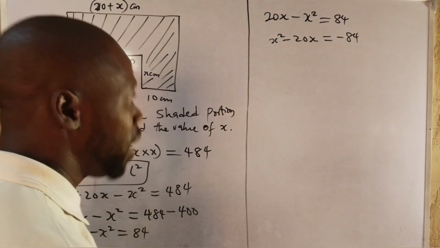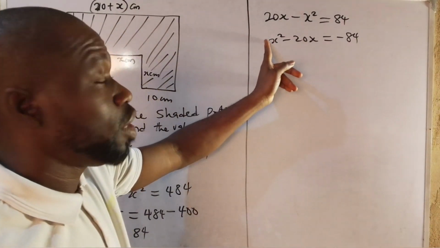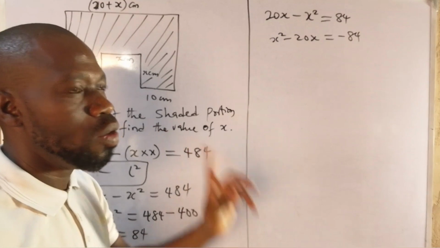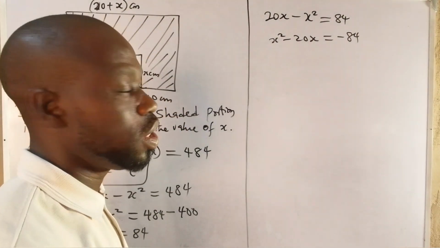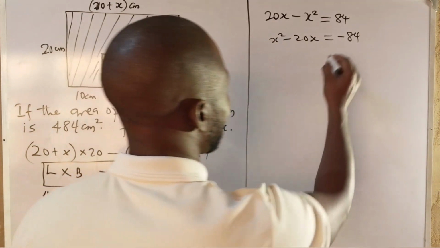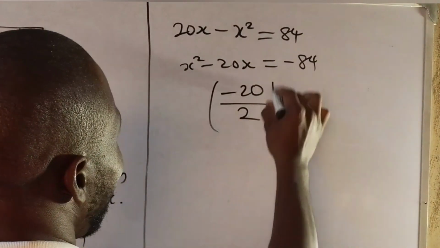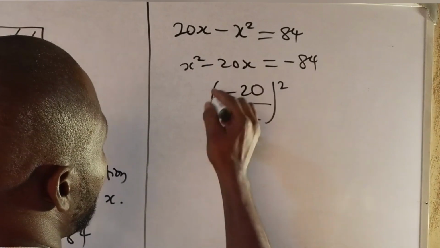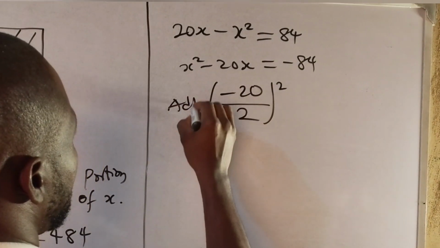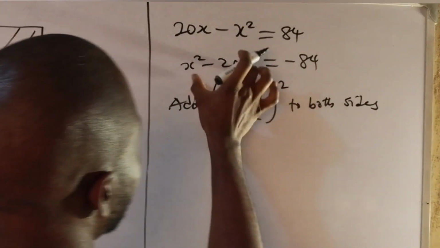In completing the square method, the coefficient of x squared is already 1. What we'll do is find half of the coefficient of x, which is minus 20, divide by 2, square it, and add to both sides, to make this side a perfect square.